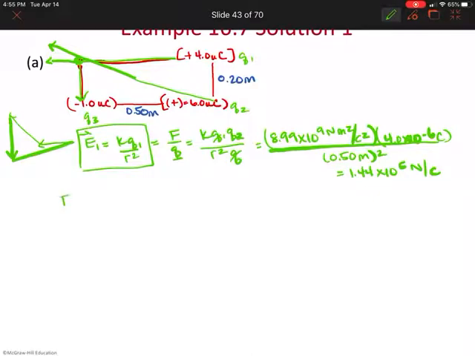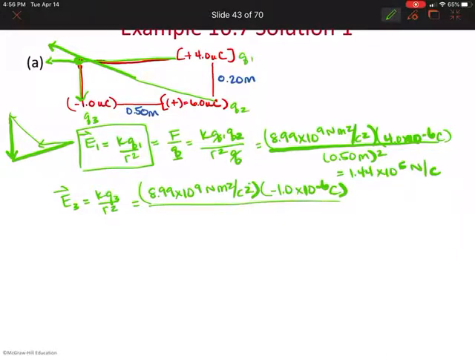All right, let's skip on over to electric field 3, just because it's a little bit easier than electric field 2. We're going to plug in our numbers. Q3 is negative 1 times 10 to the negative 6th coulombs, over R, which is 0.2 meters in this case.